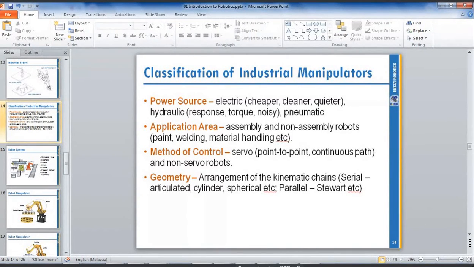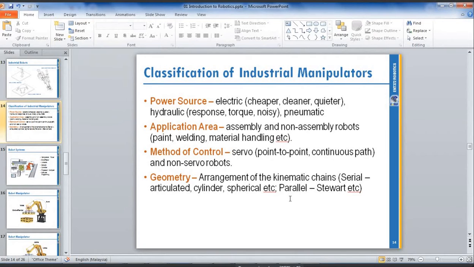Geometry. So geometry is the arrangement of the kinematic chain: serial, articulated, cylindrical, spherical. This is what we call the working envelope or workspace of the robot. So what geometry?